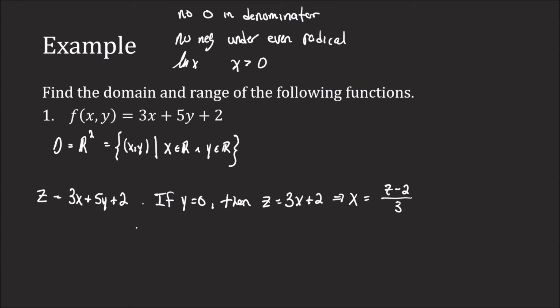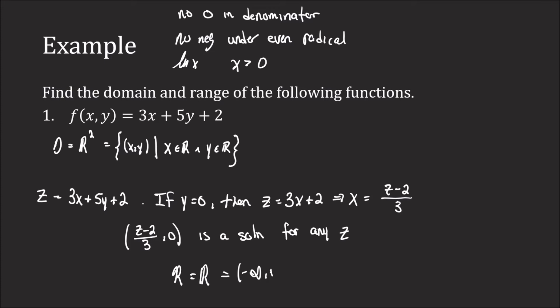So this would mean that z minus 2 over 3 comma 0 is a solution to this function. And this is true for any value of z. So this would mean that our range is the set of all real numbers, or in interval notation, minus infinity to infinity.